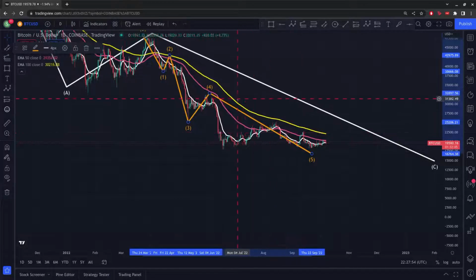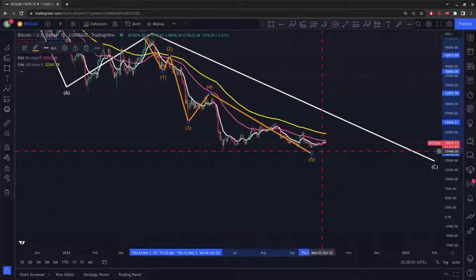So wave 5, wave 3, and wave 1 are motive waves, like the impulsive wave, they move in the direction of the trend. Wave 2 and wave 4 are corrective waves, they go against the trend.